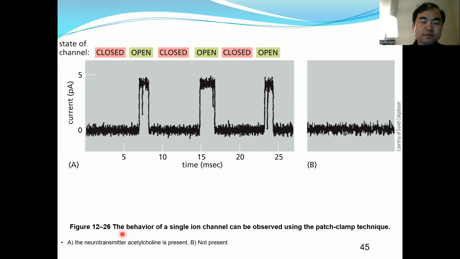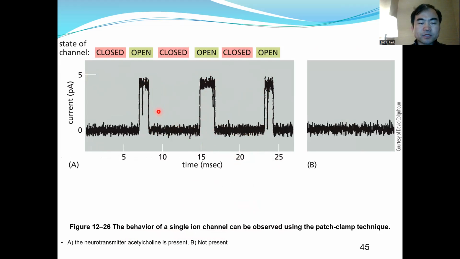The behavior of a single ion channel can be observed, open, closed, open, and closed, and the potential difference corresponds to current difference.